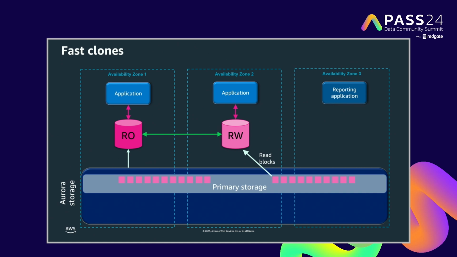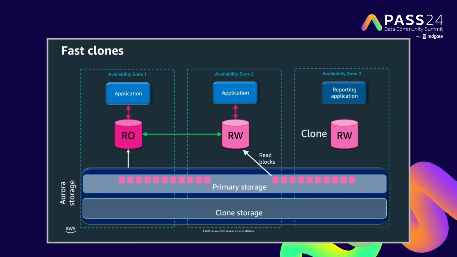So if you take a clone for a reporting application, let's say, this is your clone instance, which allows reads and writes as well, because this is a copy of the database that you want to give, right? So when you create a clone, this is the clone storage, and it is connected to this.